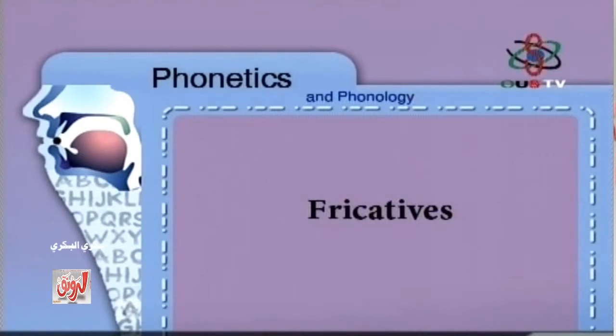So when the air pushes its way through, they begin to make a kind of friction. The first sound is made right here in the teeth. The lower lip and the teeth make the sound fa, or the sound va. Fa, fa, fa, fa, va. So the fa is made with the lower lip and the teeth.